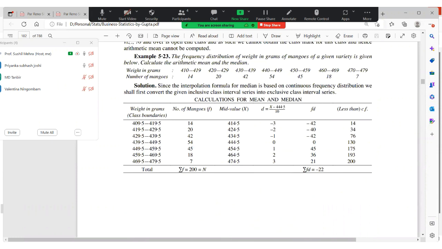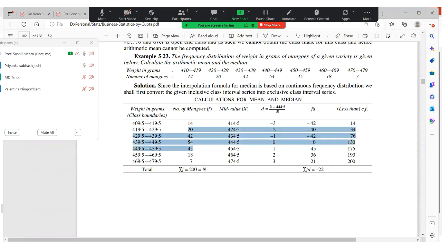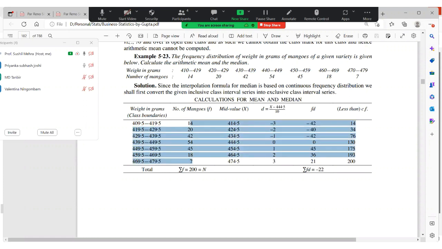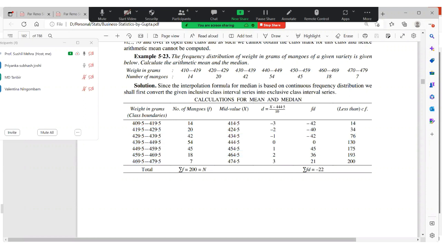Let me do this example. These are the classes, adjusted classes, this is frequency, and these are the mid values.